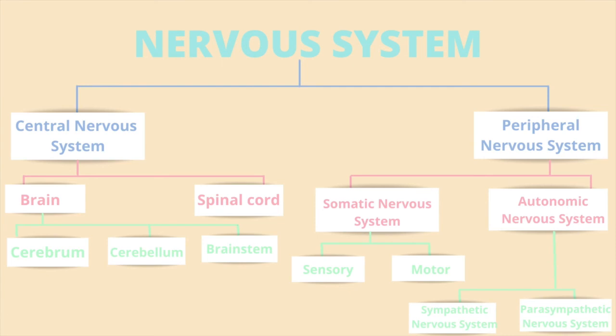In that way, we will know the signs and symptoms of the patient. For example, if the patient has a problem with their cervical spine, the patient will be quadriplegic, while with the lumbar spine, possibly the patient will be paraplegic.